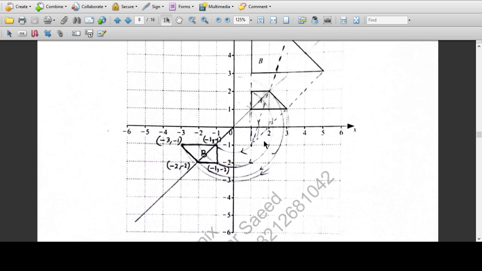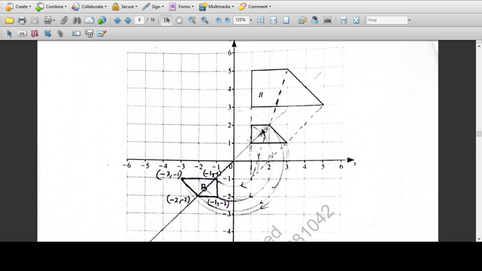So how can we relate shape A with shape B? We will take a point here and connect it with this point here. Similarly, we take this point and connect it here, and we extend the line until it crosses.